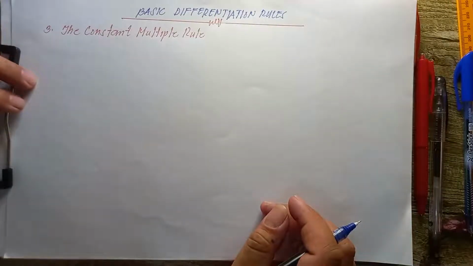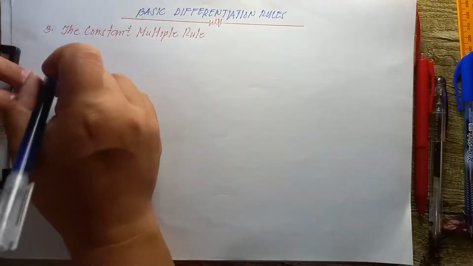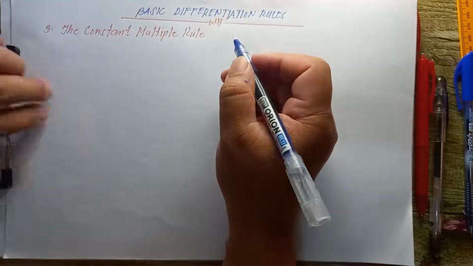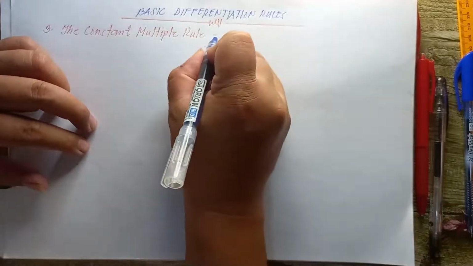Another rule is what we will now call the constant multiple rule. Now, what do we mean by this?